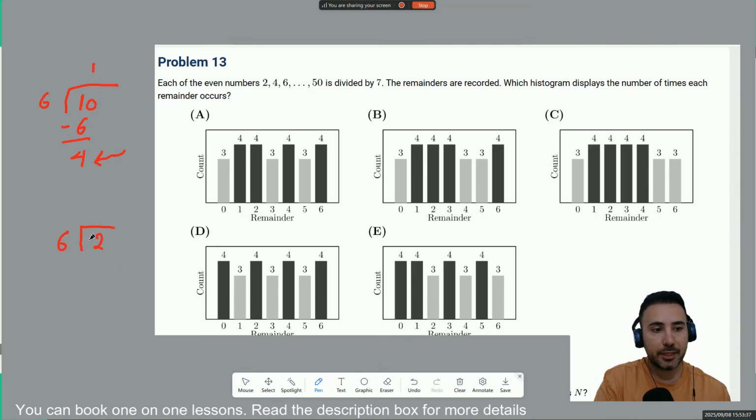How many 6's are in 2? None. So we do 0 times 6, which is 0, and 2 minus 0 is 2. So when you divide 2 by 6, the remainder is still 2. But when we divide 10 by 6, the remainder is 4, okay?